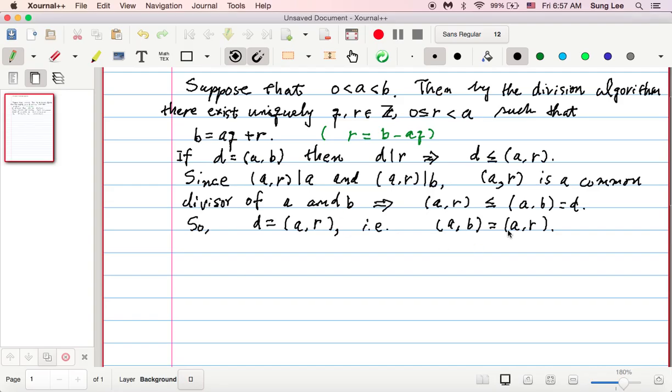So instead of finding the GCD of A and B, we can try to find the GCD of A and R, which involves the smaller integer.